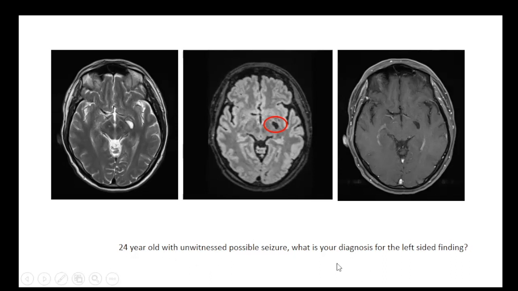So in this young patient who may have had a seizure, may not have had a seizure, you have to make a decision what you're going to do with this finding. Do you think this represents a DNUT, or dysembryoplastic neuroepithelial tumor?